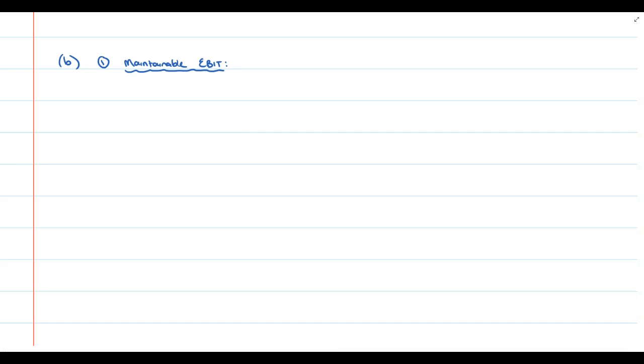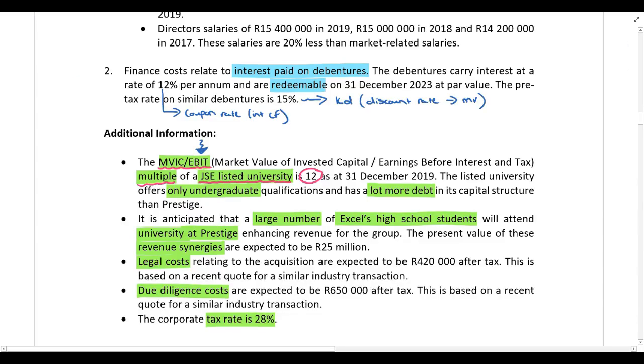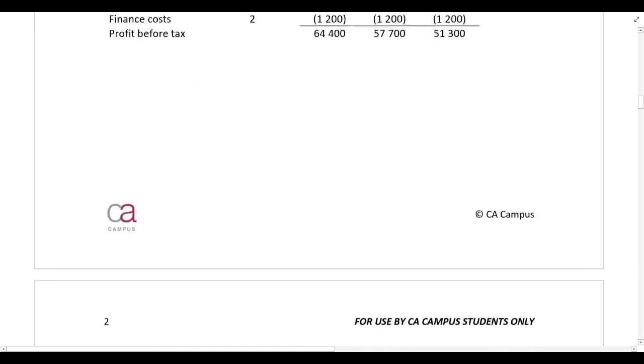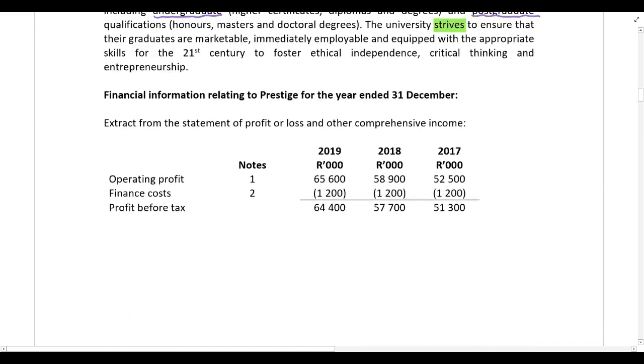Then, we've been given earnings information relating to Prestige for the last 3 years, for 2019, for 2018, and for 2017. And remember from our lecture, guys, we are not just going to look at the earnings information for 2019, because we are trying to estimate the earnings that will be maintainable in the future. It's in the name.